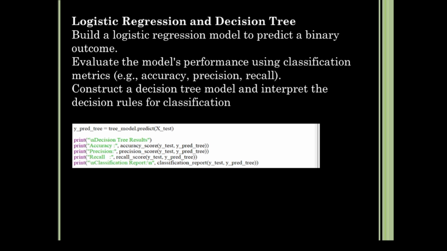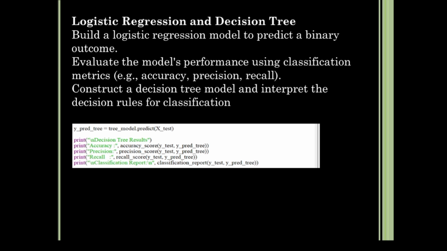Next we have print \n decision tree result. That's my heading. Print accuracy_score(y_test, y_predict_tree). Like I mentioned before, the formula for the accuracy, similarly I'm predicting over here. So we're going to calculate the accuracy. Next we have precision. Print precision_score(y_test, y_predict_tree).